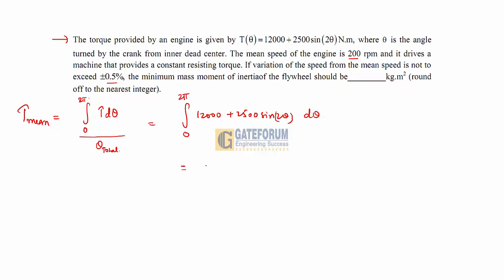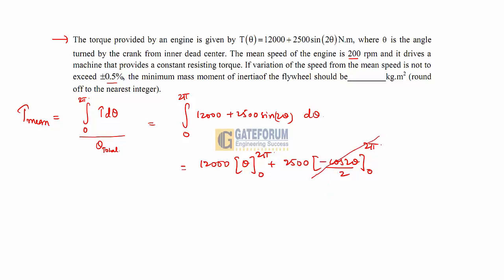So this is equal to integration of 12,000, which is 12,000 theta from 0 to 2 pi, plus 2,500 times integration of sine, which is minus cos 2 theta by 2, from 0 to 2 pi. Here cos 2 pi, that is cos of 2 into 2 pi, that is 4 pi, which is 1, and cos 0 is 1.